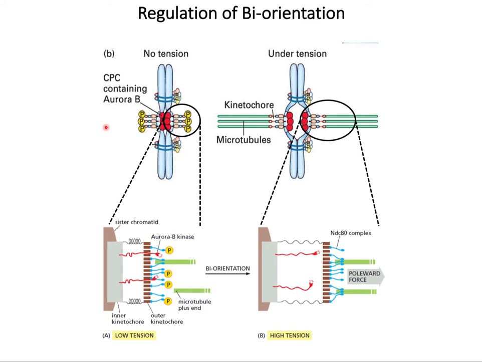The third major player is a protein complex known as the CPC, which stands for chromosome passenger complex. And within this complex is a kinase known as the Aurora B kinase. And remember, kinases are enzymes that phosphorylate other proteins. So what happens is that the CPC associates with the inner kinetochore early in mitosis, and the Aurora B kinase, shown here in the red in the CPC complex, is sitting right here at the kinetochore region, and is able to phosphorylate many of the proteins in the inner kinetochore and the outer kinetochore.